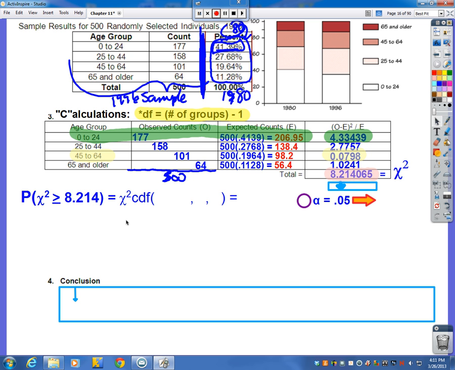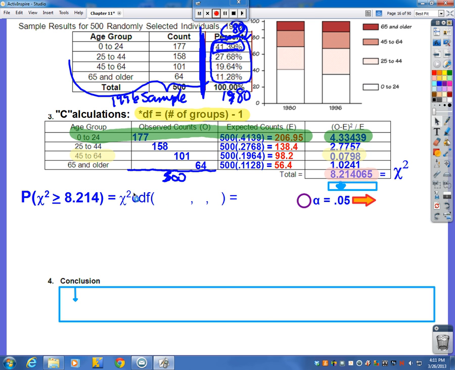Just go to look at second variables where distributions are, and you should find chi-square CDF. And it's going to work just like t-CDF. We need a lower bound, an upper bound, and degrees of freedom. So our lower bound will always end up being this chi-square number. Because remember, our chi-square numbers will always be positive. So we're always going to go from that number to infinity.